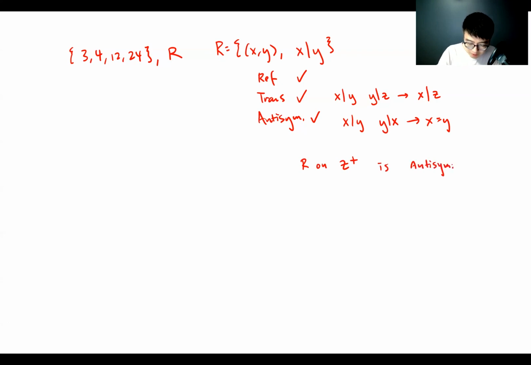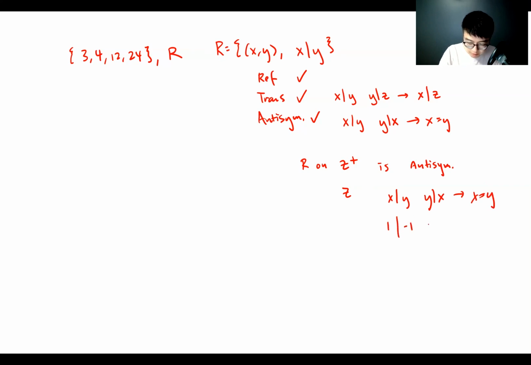But what if I gave you this relation on the set of integers? Let's not even think about zero, because zero is definitely a counterexample here. Can we claim that it is antisymmetric? Well, the answer is no, it's not antisymmetric. Why? Because can we claim that x divides y and y divides x means that x equals y? What about 1 divides -1?